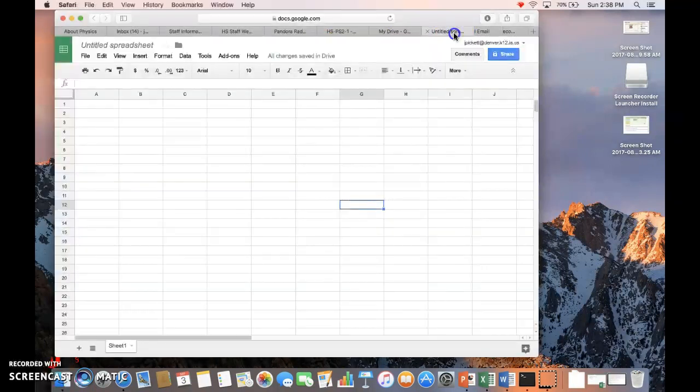So what I've done is I've opened up a Google Sheet, which we've done before as well. I'm going to make two different columns: a column for time and a column for displacement. Before I add any data, I want to make sure that we understand a couple vocab words.